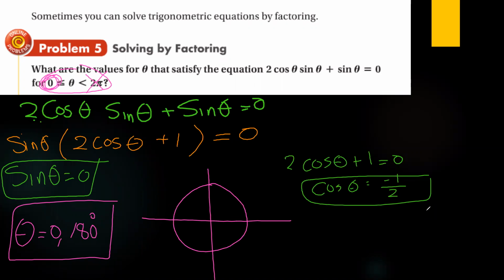From the nearest x-axis, I rotate 60 degrees, and from the nearest x-axis, I rotate 60 degrees again. For these two angles, this is the first angle here.